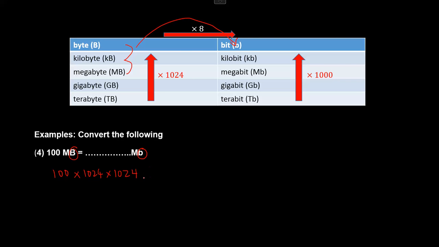So we'll multiply it by 8. And then once we're in bits, to get it to megabits, we need to divide it by 1,000 twice. So we'll divide it by 1,000, and then we'll divide it by 1,000 again, and that'll give us an answer of 838.86 megabits. Well, I hope that helps with your conversions. Now it's time for you to try some.